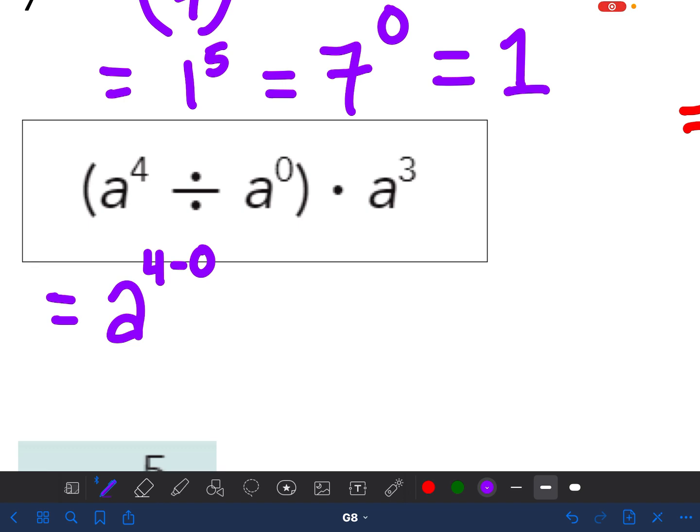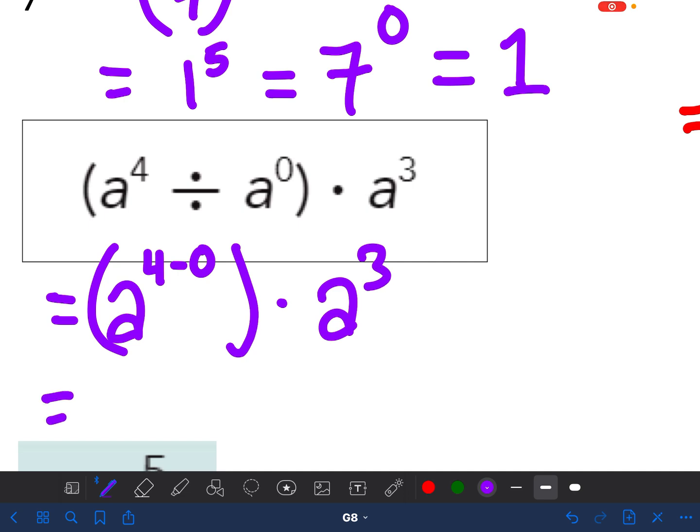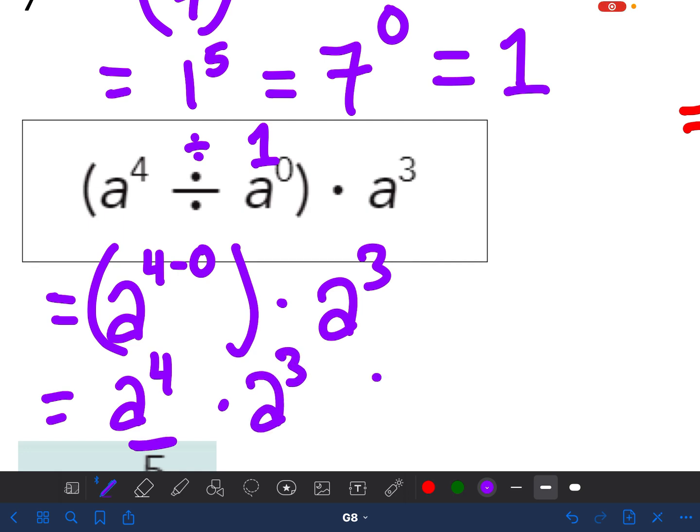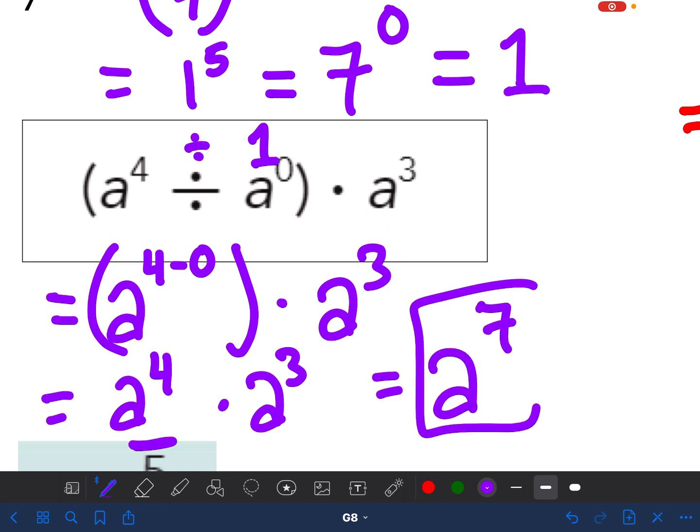And then we're going to multiply by 8 cubed. So 8 to the power of 4 minus 0 is 8 to the power of 4. This is the same thing as dividing by 1, right? We end up with 8 to the power of 4 times 8 to the power of 3. Keep the base, add the exponents, 8 to the power of 7.